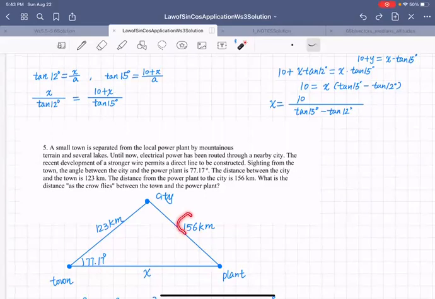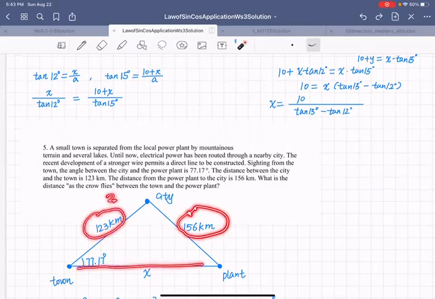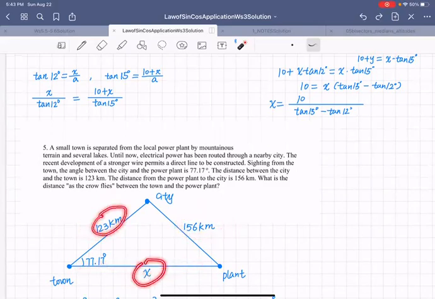Look, this guy squared equals this guy squared plus this guy squared minus 2 times this and this and cosine of this, okay? In that way, you have one equation, you have just one variable. You can go ahead and do it, yeah?